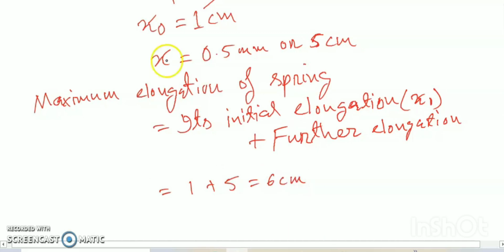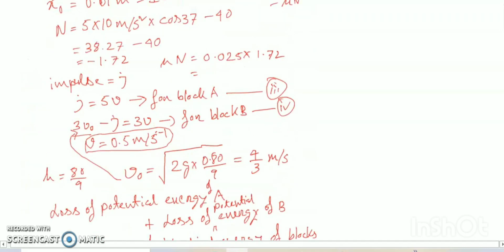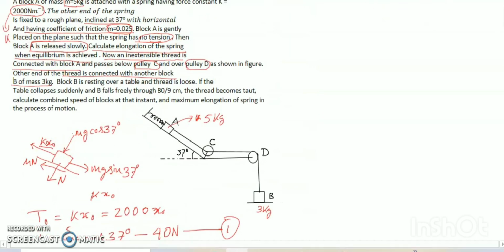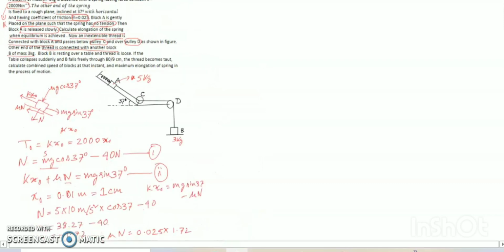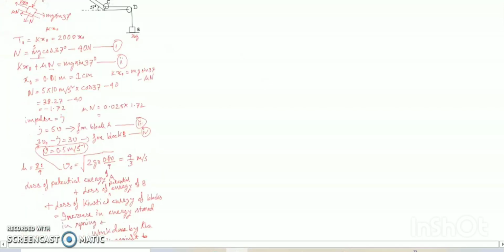So friends, now we will check the total work, at a glance. So what is the question? Maximum elongation of the spring in the process of motion, so 6 centimeter.